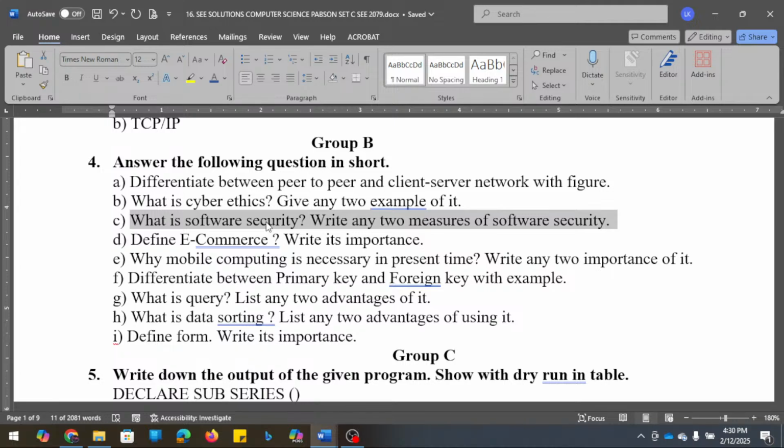Next is, why is mobile computing necessary in present time? Write its importances. Mobile computing simply means accessing information and performing tasks using our mobile phone or other portable devices like a tablet.